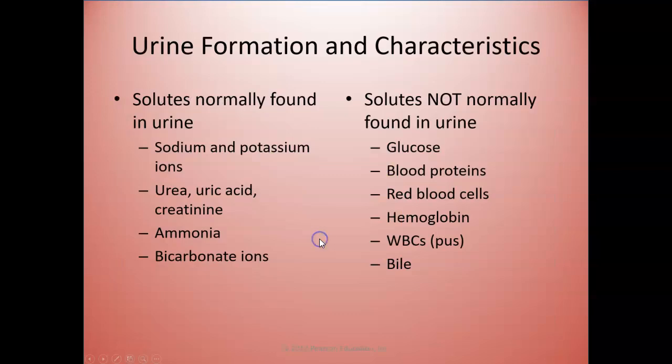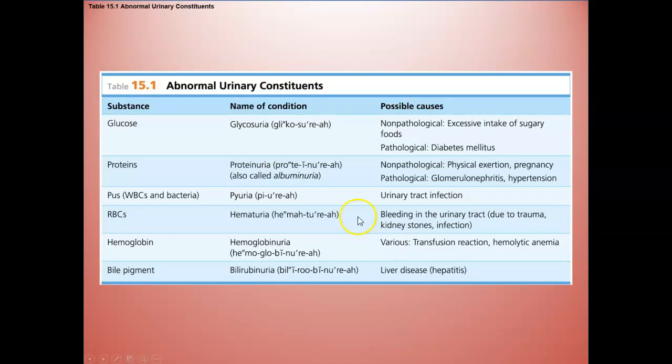So, all right, what do we find and what do we not find in there? Normally we've got sodium and potassium, urea, uric acid, creatine, ammonia, bicarbonate ions. Those are normal. Things that are not normally found in urine: glucose, like blood sugar, blood proteins, red blood cells, hemoglobin, white blood cells, or bile. All of those usually indicate that there's something going on. Here is some of those things that we looked at. What is it called if you have that in you?